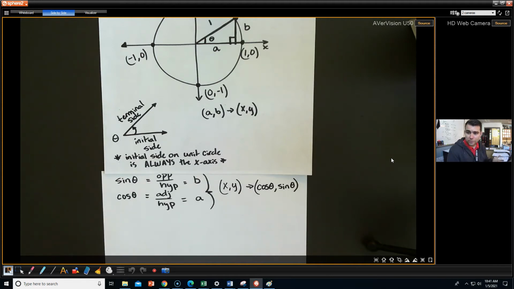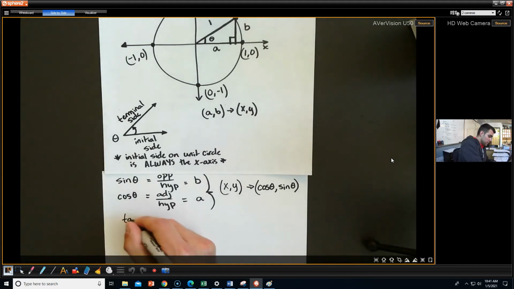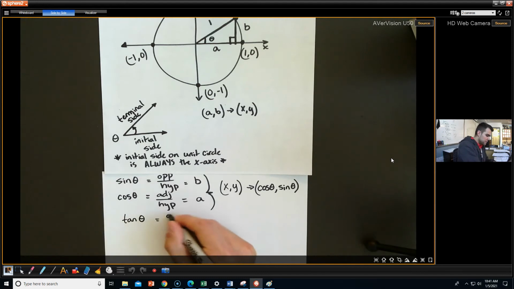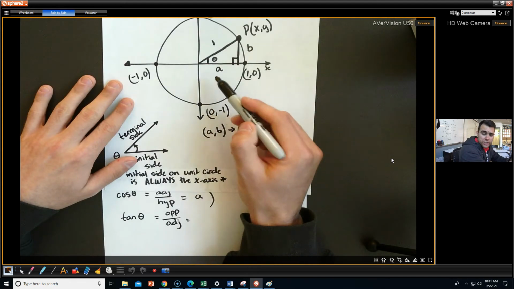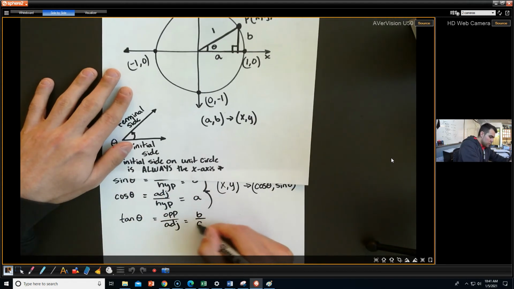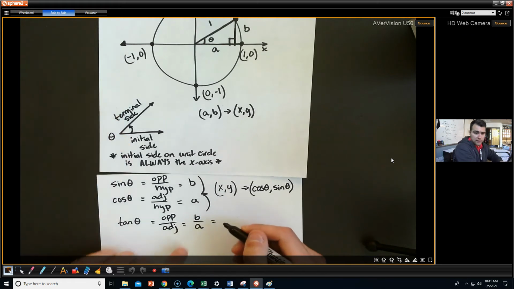Let's move on to tangent, because that's the other trig function that we know about. Tangent theta is equal to opposite over adjacent. And if I look at my opposite over adjacent, it's b over a, which once again, we have declared b and a to be sine and cosine.